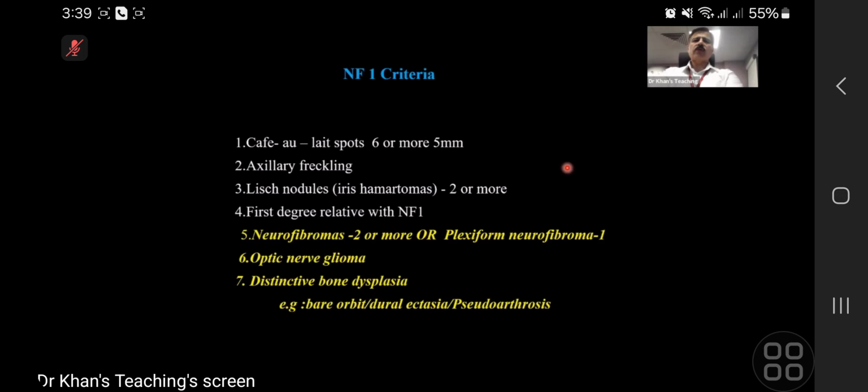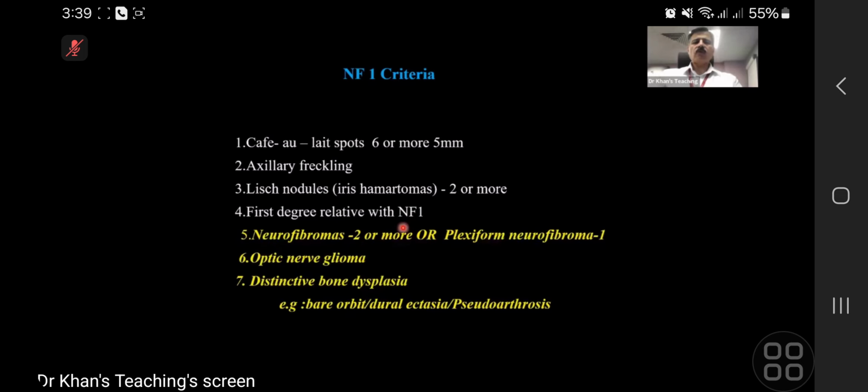Café-au-lait spots, axillary freckling, Lisch nodules, which are iris hamartomas, or first-degree relative. So these are all for the clinicians to tell you. But 5, 6, and 7 is where radiology plays its role. Neurofibroma, 2 or more, or plexiform neurofibroma.